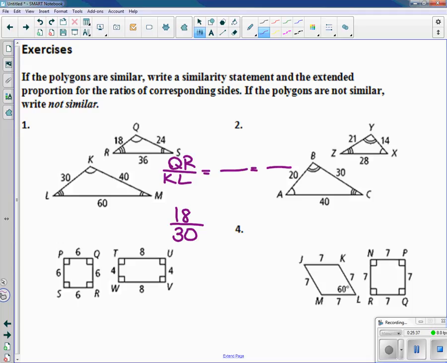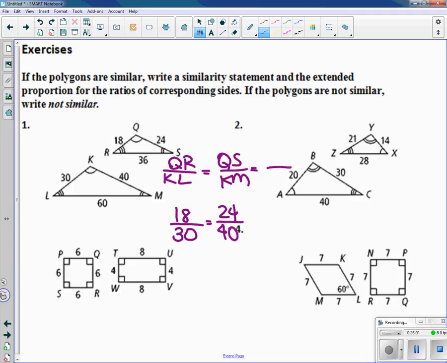Now, what is the medium side over here? QS, which is what, Henry? 24. All right. What is the medium side on this one? KM, which is 40. Did I lose anybody?